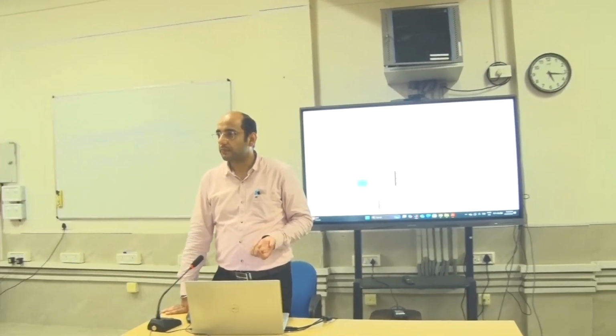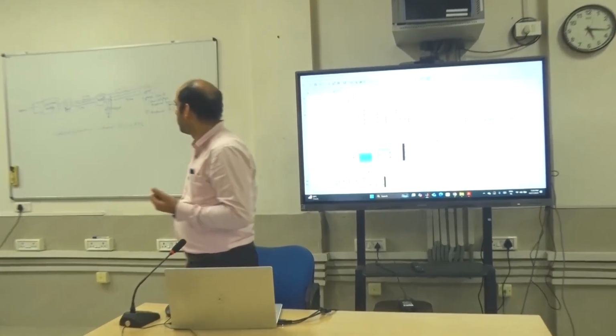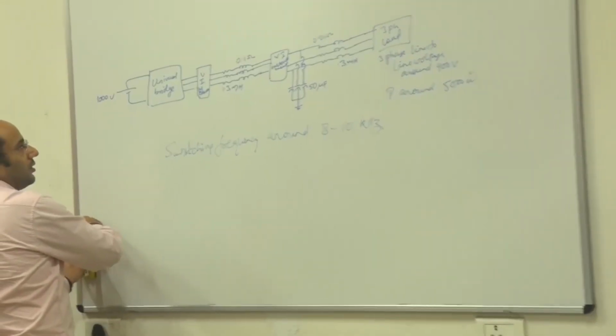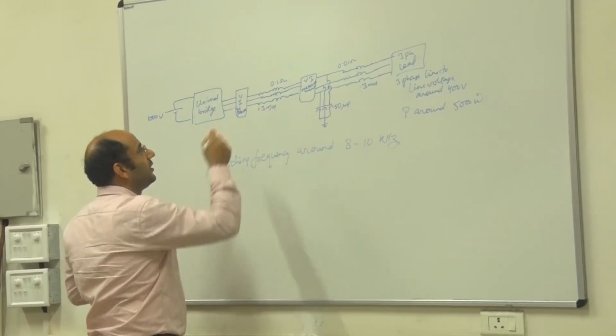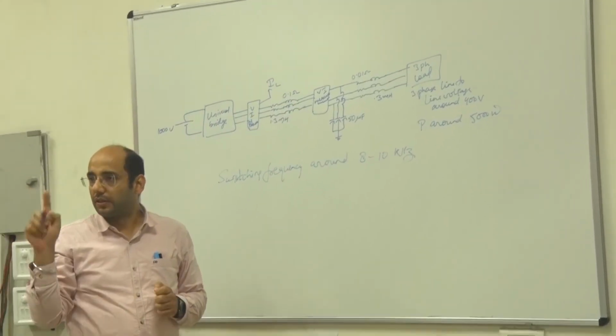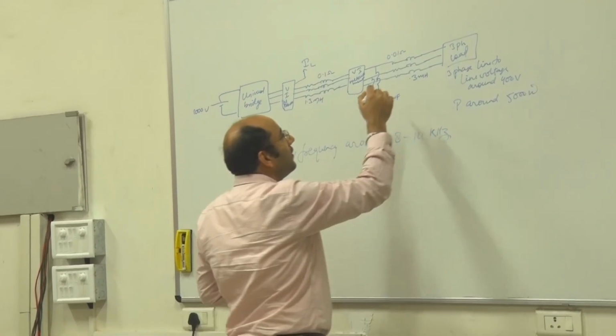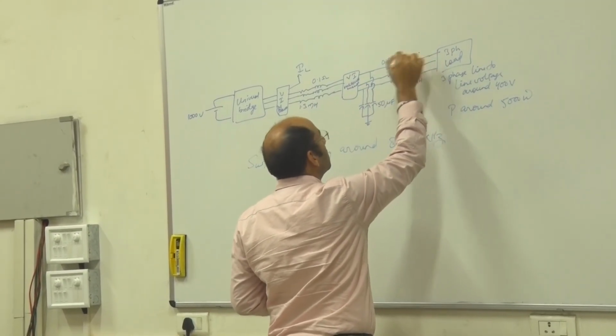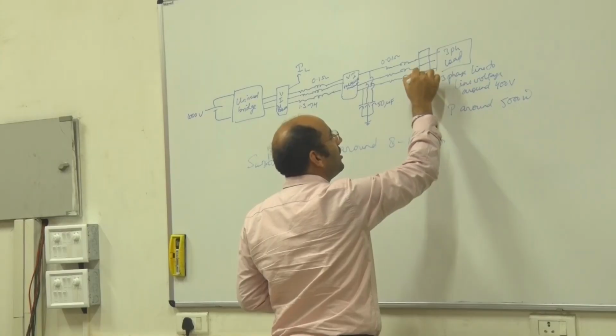Okay. So when you have the measurements, we will take measurements across this. This current is basically IL that will go in the control. This current which is here, so here also you put a measurement.